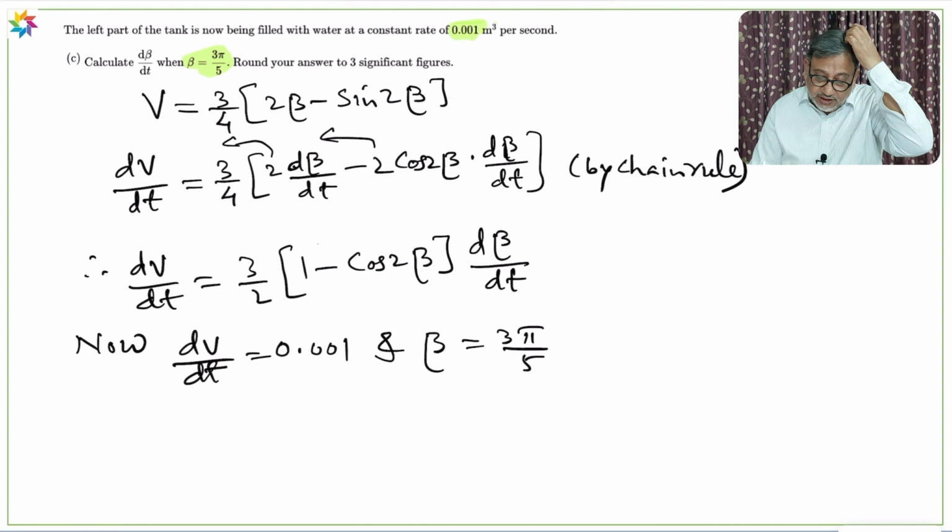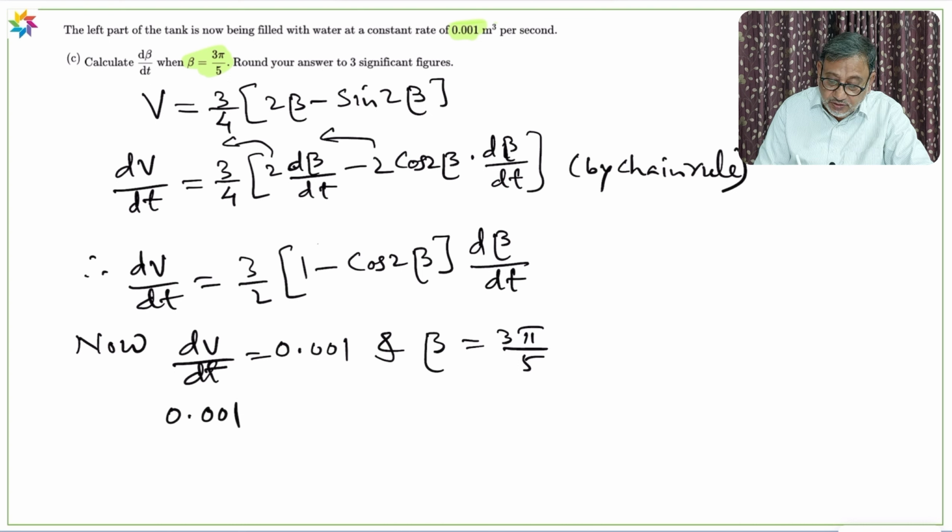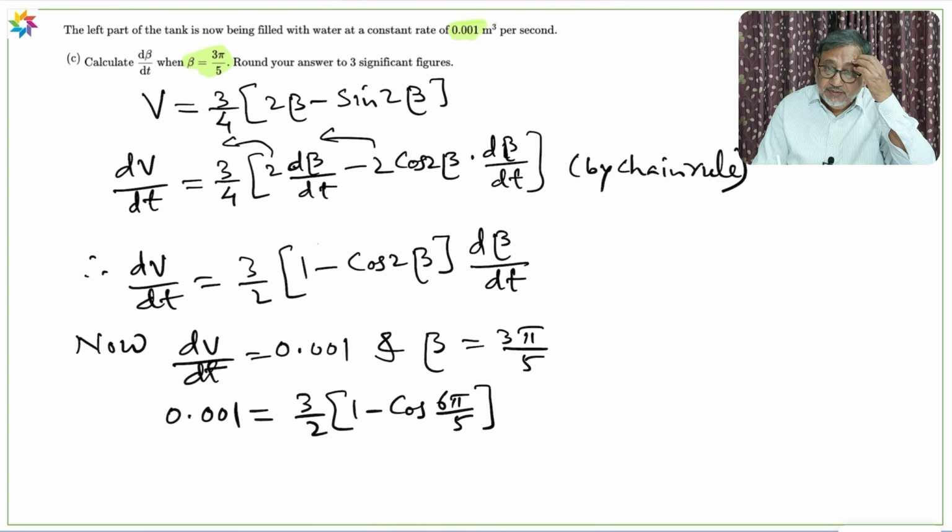So using these values, we will write 0.001 is equal to 3 by 2 into bracket 1 minus cos of 2 times beta, so 2 times 3, 6 pi by 5, into d beta by dt, right? d beta by dt.